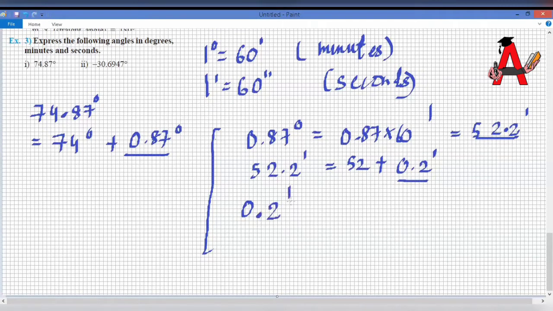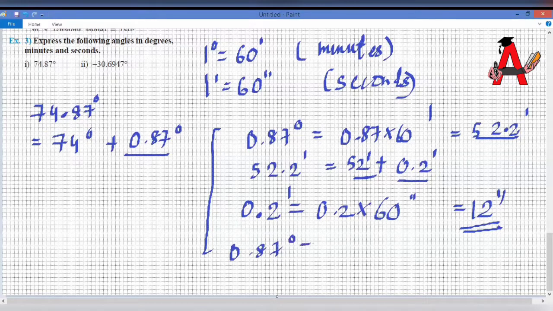Therefore, 0.2 minutes will be equal to 0.2 into 60 seconds, which is 12 seconds. Which means that 0.87 degrees can be written as 52 minutes plus 0.2 minutes, which is 12 seconds. So 0.87 degrees is nothing but 52 minutes and 12 seconds.